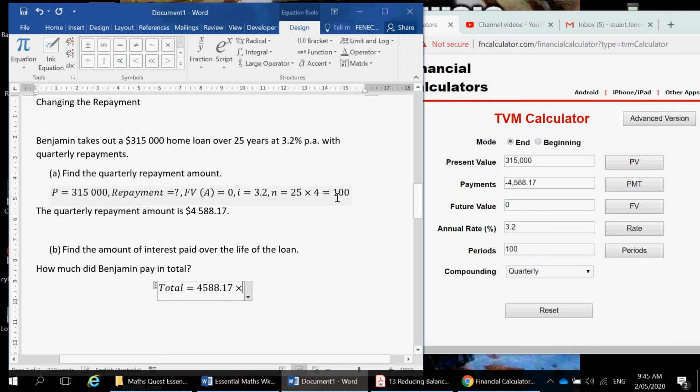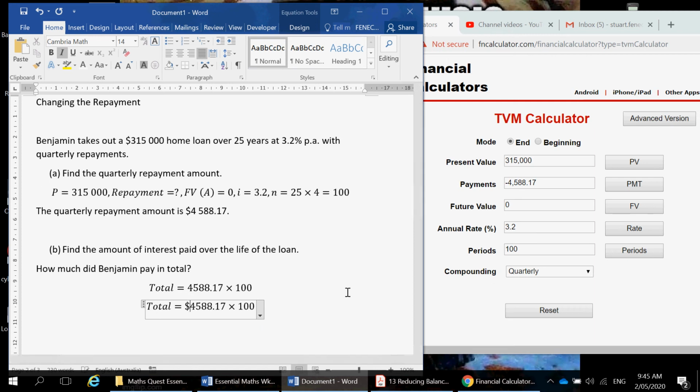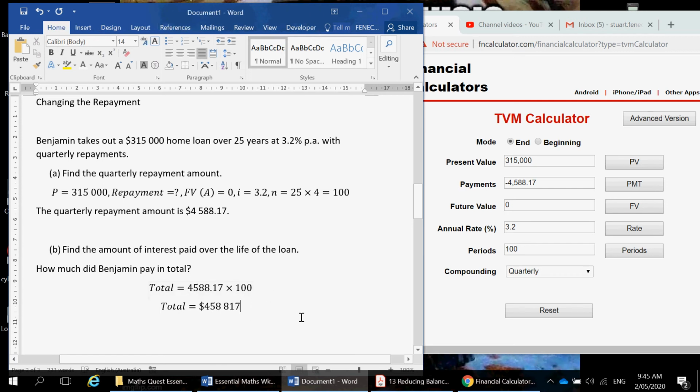And we know that there were 100 quarters, so 100 payments. So if we multiply the two of them together, multiplying by 100, I can just move the decimal place twice, which is nice. We can see that Benjamin in total has paid $458,817.